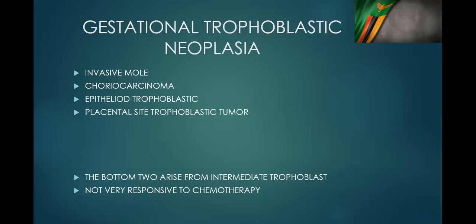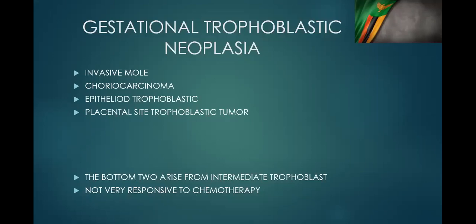But the issue again that we have to remember is that when you have these conditions called gestational trophoblastic neoplasia, clinically they're usually diagnosed through beta HCG, because once you have a hydatidiform mole, you usually monitor beta HCG.